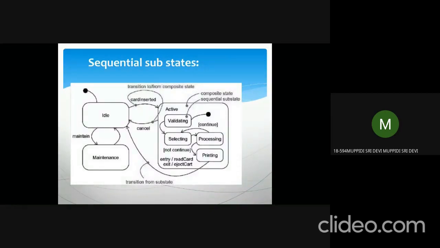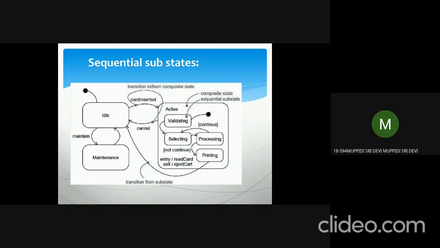The arrow marks over here are transitions. Whenever it is in idle state and we insert the ATM debit card, any other card, it will go to active state. At any point of time we can cancel the transaction. Whenever we insert the card, at any point of time we can cancel the transaction.